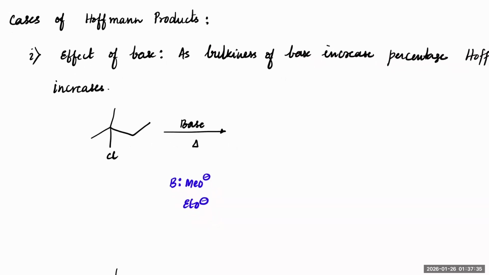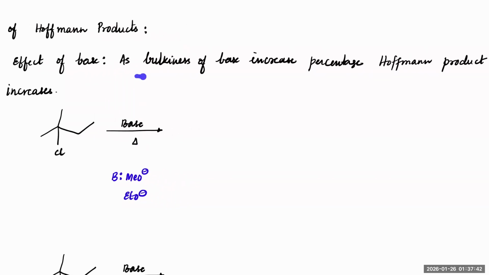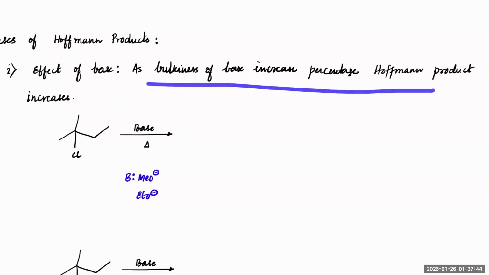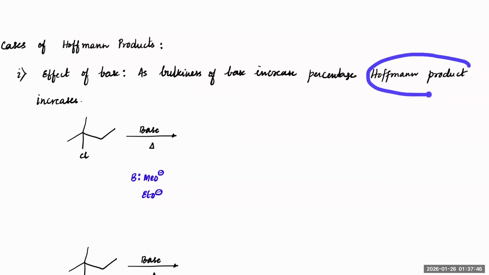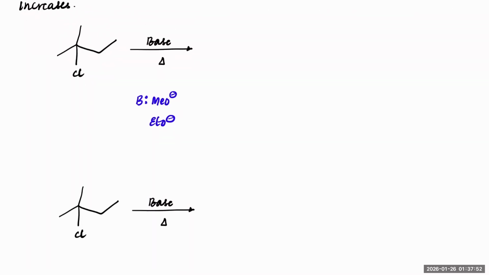First case, the effect of the base. That is, if the bulkiness of the base increases, then the percentage amount of Hofmann increases. For example, you know that there is an alpha carbon here, which has chlorine. This is a beta position, this is a beta position.